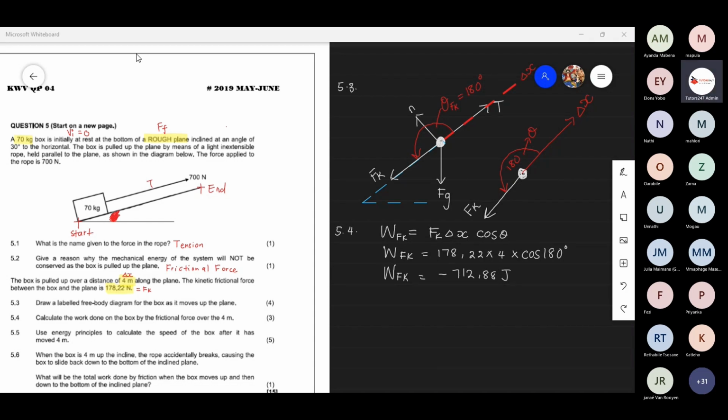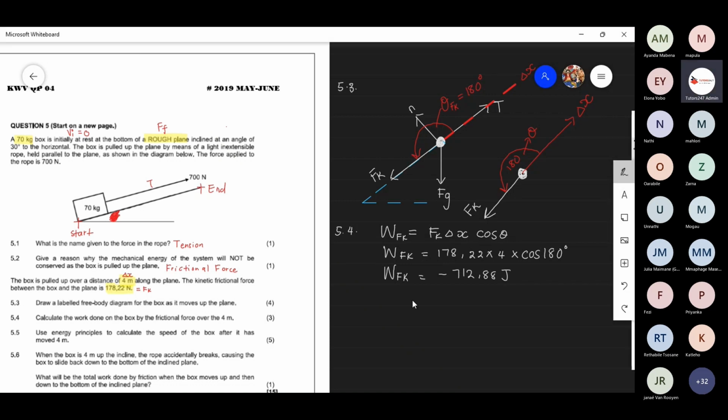Now all you needed to do was draw your displacement vector moving up the incline, draw your kinetic frictional force vector moving down the incline, and that would have formed a straight line. Thereafter, you would have been able to identify that theta is 180 degrees.